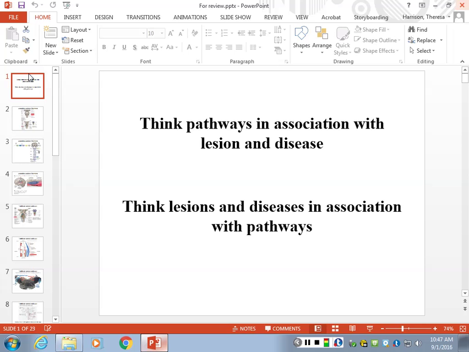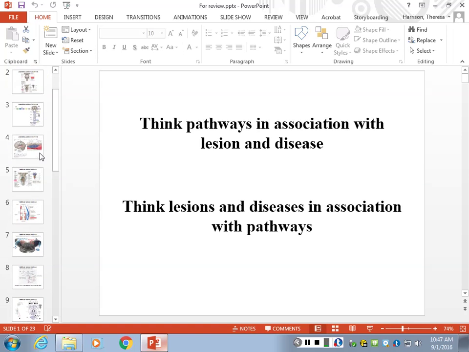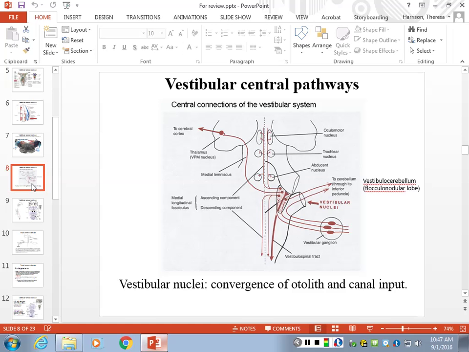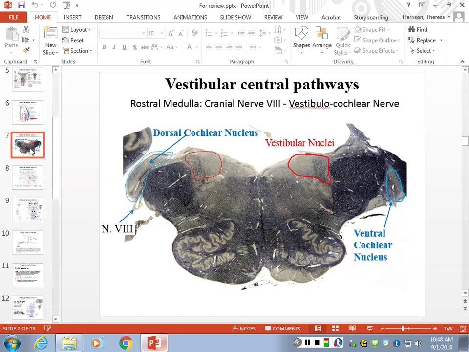I know we gave you a lot of information, a lot of pathways, a lot of nuclei, but I'm going to use one in particular as an example. When I taught the vestibular system, I stole, in between quotes, Dr. Harrison's slides on purpose to reinforce that it's not the vestibular system in here and the cranial nerves over there, and I have to study the cranial nerves and then I have to study the vestibular system.